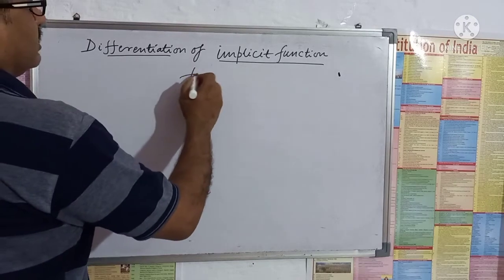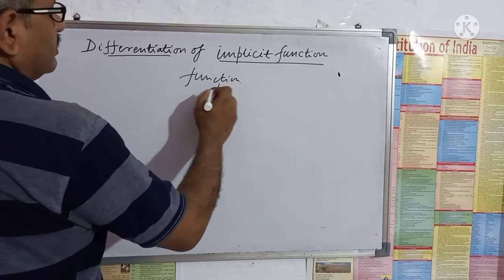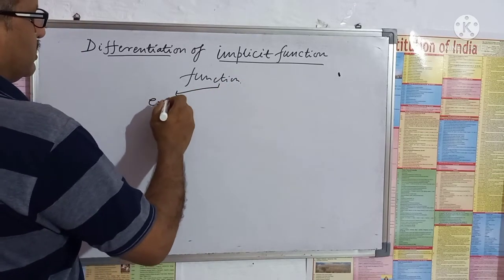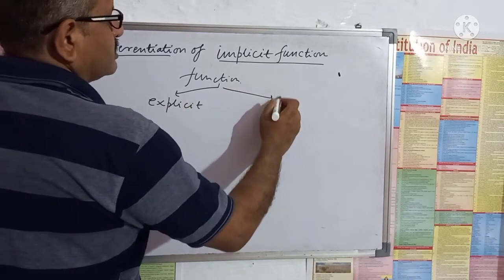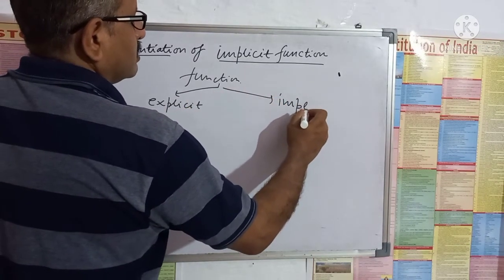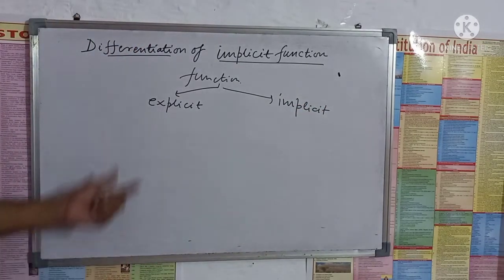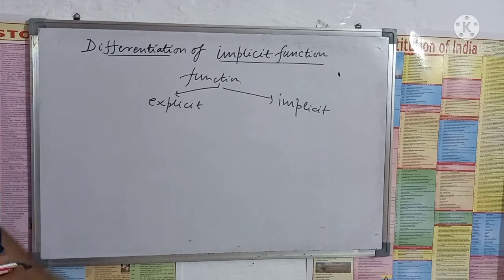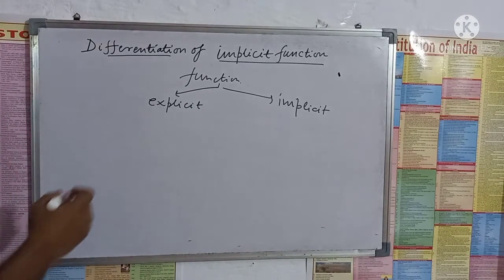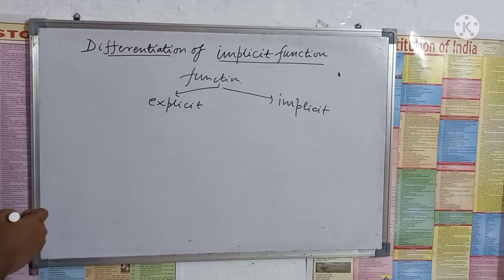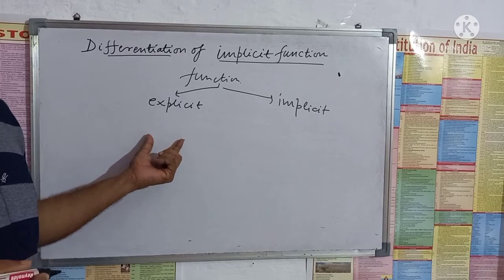So here functions are classified as explicit and implicit. Explicit function and implicit function. So what is explicit and what is implicit function? For explicit function, we have discussed the relation between two variables y and x.